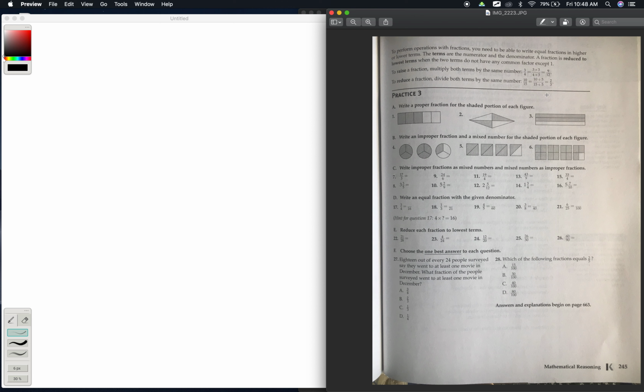The bottom one is the denominator. Or 2/3: 2 is the numerator, 3 is the denominator. So the terms are the numerator and denominator. A fraction is reduced to lowest terms when the two terms do not have any common factor except for 1. So when there's no number that can go into 2 and 3, for example, except for 1, then we know this is reduced to the lowest term.